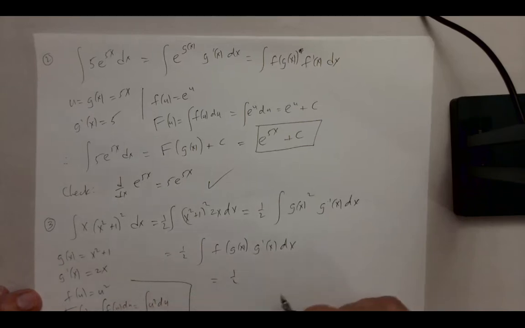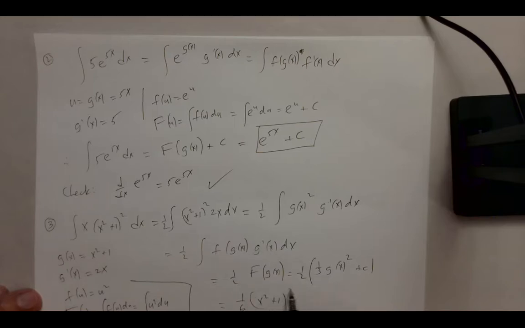So this is equal to 1/2 capital F of g of x. That's 1/2 of 1/3 g of x cubed plus a constant. A half times a third is 1/6, (x squared plus 1) cubed plus a constant.